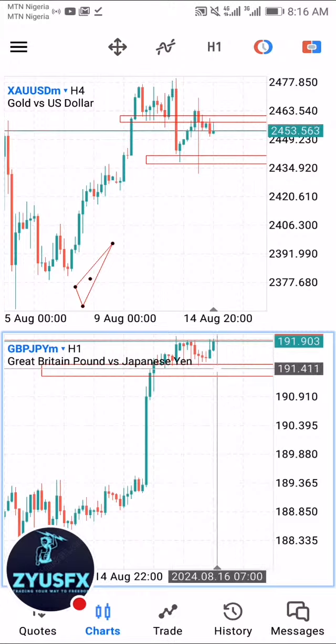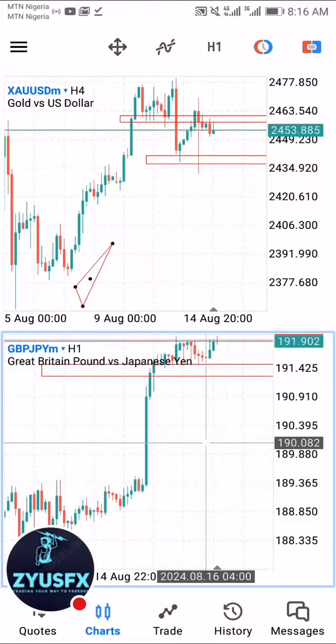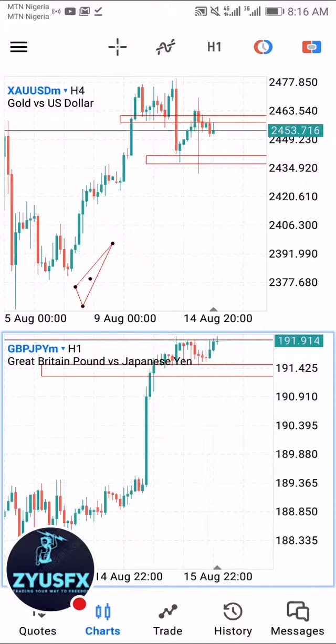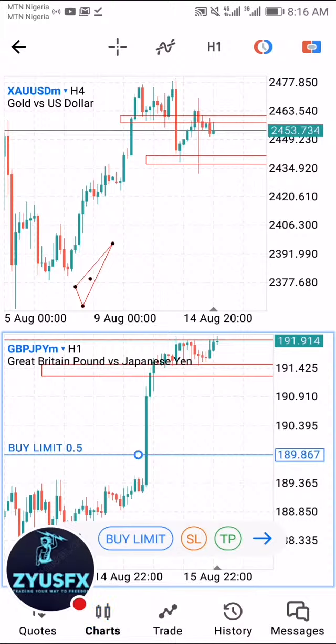So let me do that. 190. Let me give price a little bit of breathing space. So let's say 191 400. So let me be selling this at 191 400. So let's see.